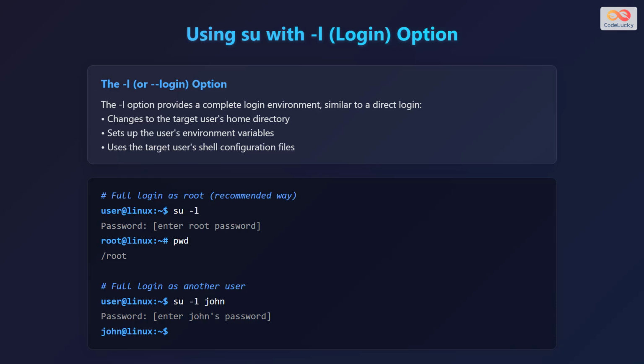After entering the root password, you'll be logged in as root, and the present working directory will be /root. Similarly, to fully log in as another user, such as John, use the command su -l John. After entering John's password, you'll be logged in as John, and the present working directory would be John's home directory.